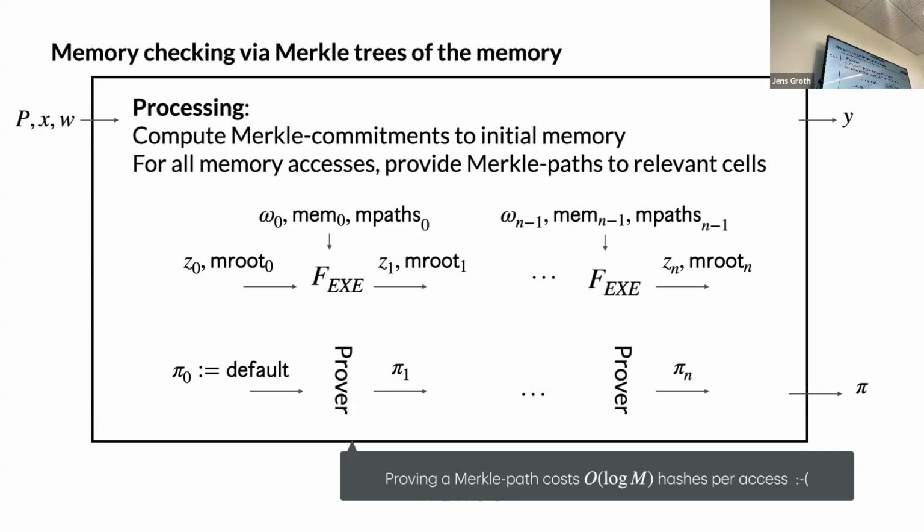Okay, so that is great. It works, but it's horribly expensive, and that is exactly the issue that we run into with the first version of our machine. You have a logarithmic number of hashes for each of the memory accesses that you need to verify, and you need to verify them inside the zkVM.